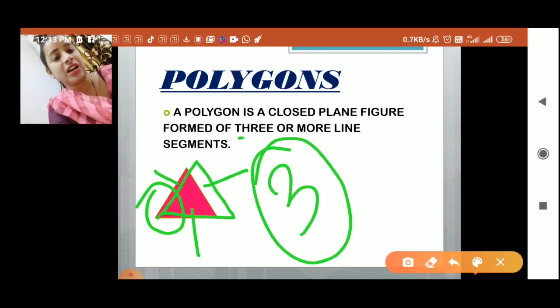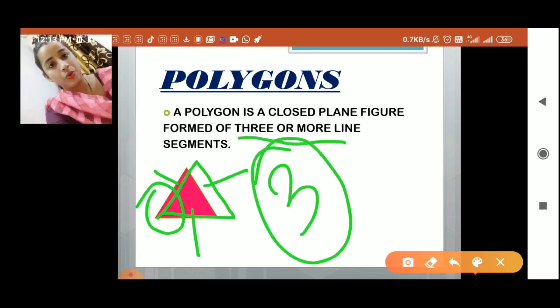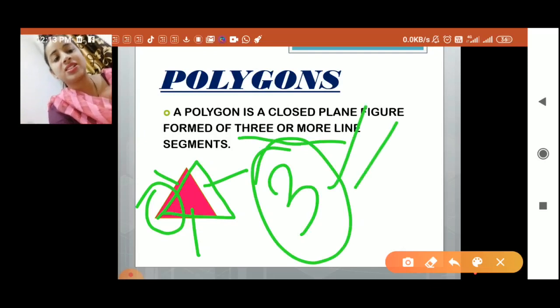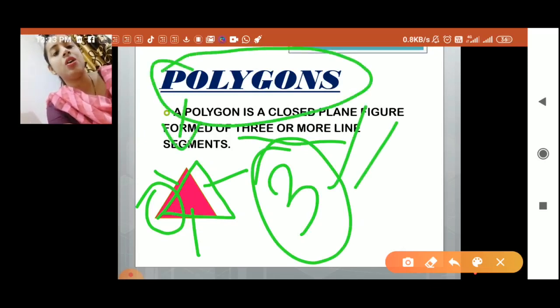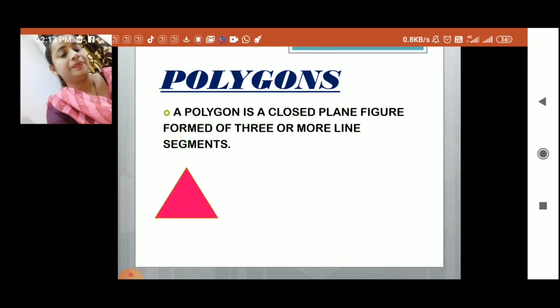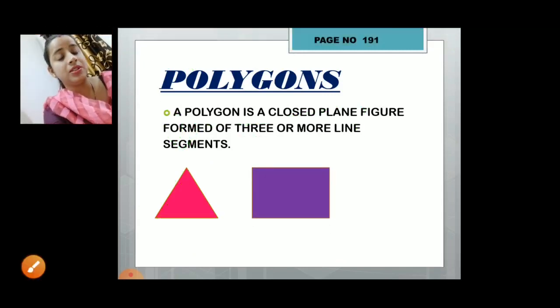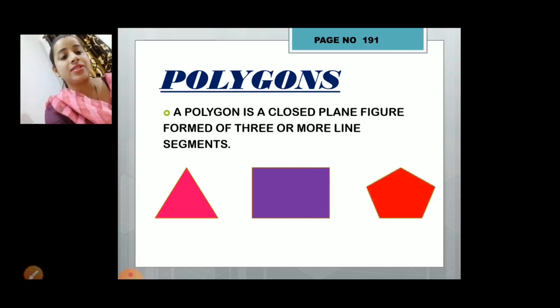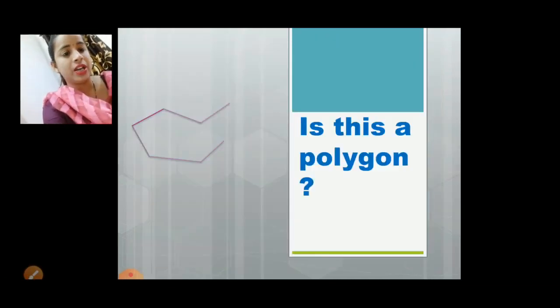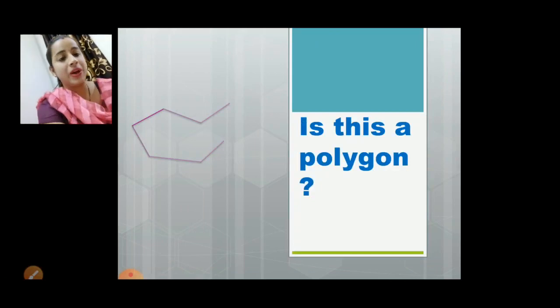In the condition it is given 3 or more, right? So it is satisfying this condition. So this figure, that is the triangle, is a polygon. Let's see another example. So this is a rectangle with 4 line segments, right? And this is a figure with 5 line segments, which is known as a pentagon, which we will learn today, okay?